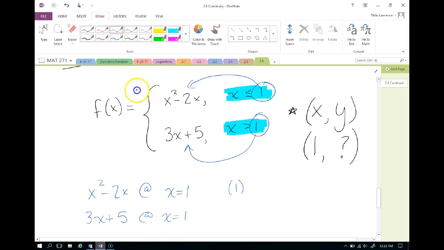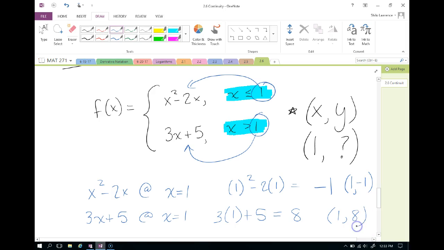So 1 squared minus 2 times 1 is going to be negative 1. So our parabola is down at a y value of negative 1. And if we want to, we can write that as a point. It's down at (1, negative 1). Our line, 3 times 1 plus 5, that guy's at 8. So our line is at the point (1, 8).